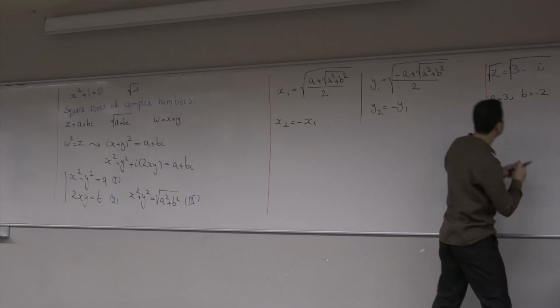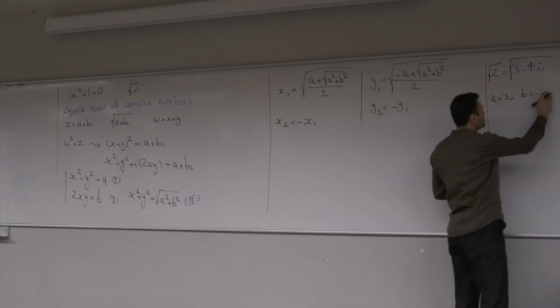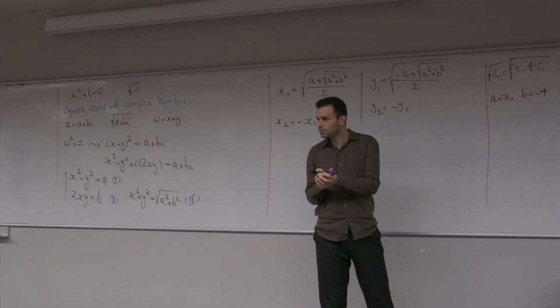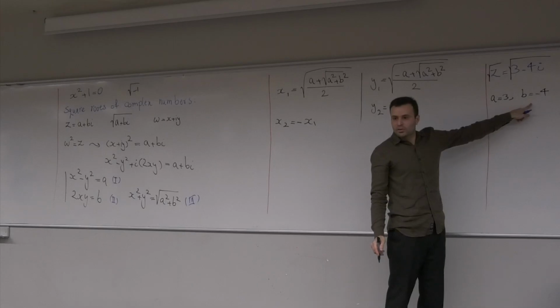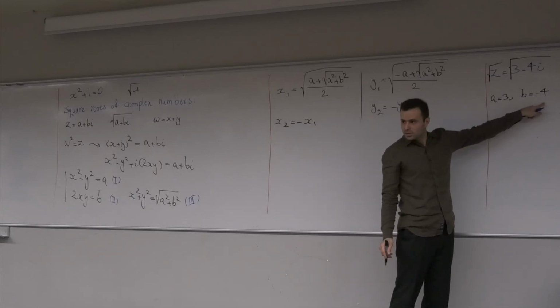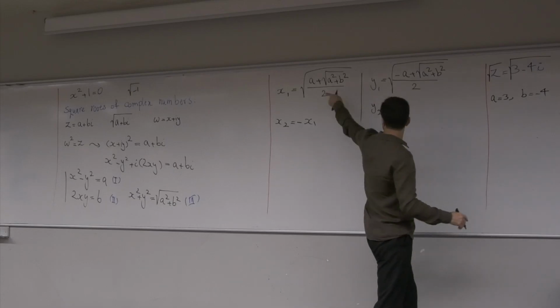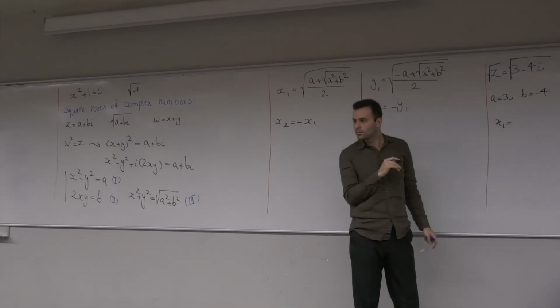Let's go with 4. Now I think we have cleaner numbers. Okay. What is a to the power of 2 plus b to the power of 2? 9 plus 16, which is 25, and that square root is going to be 5. So what is our x1?